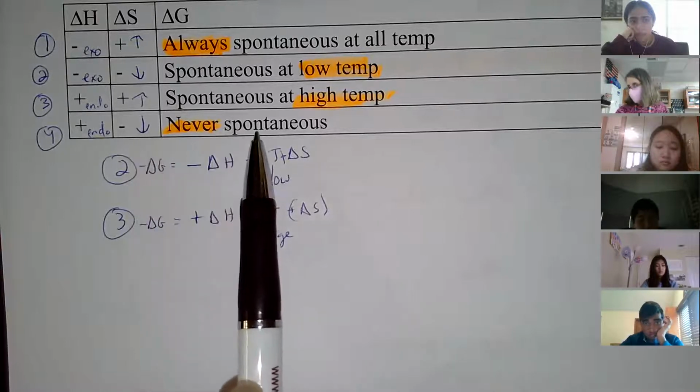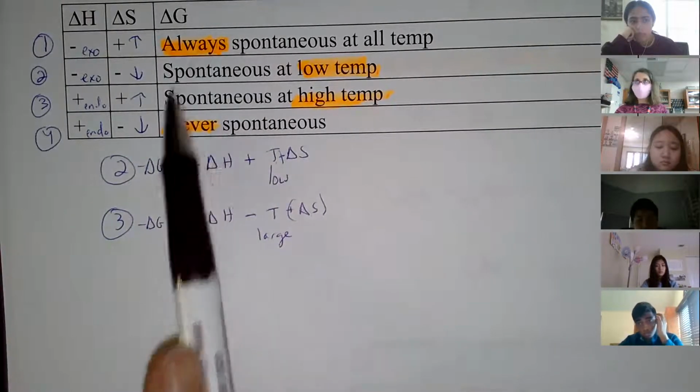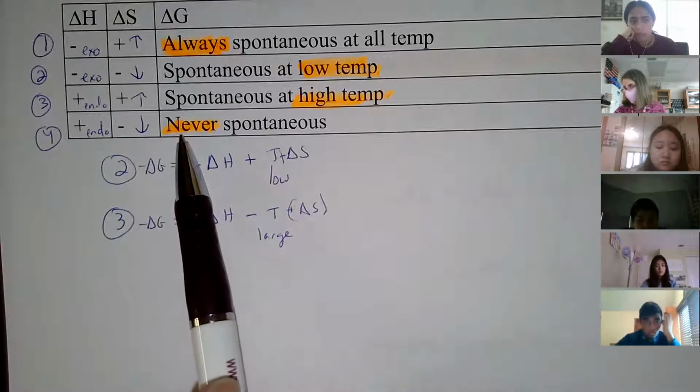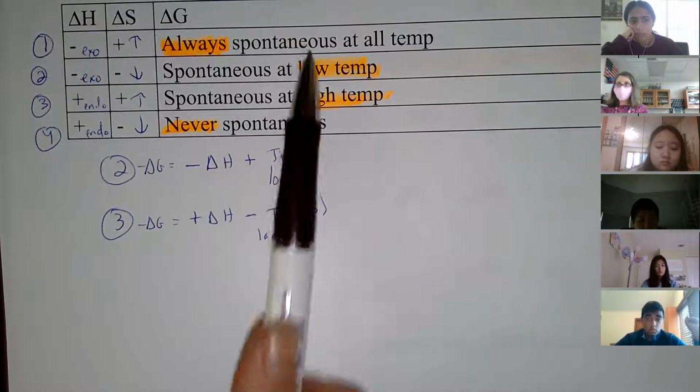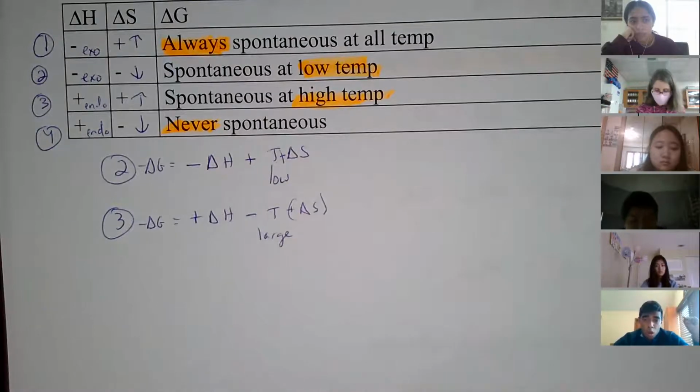That will never be spontaneous. So this is one place in chemistry where always and never do apply, where you can say it will always be spontaneous or never be spontaneous.